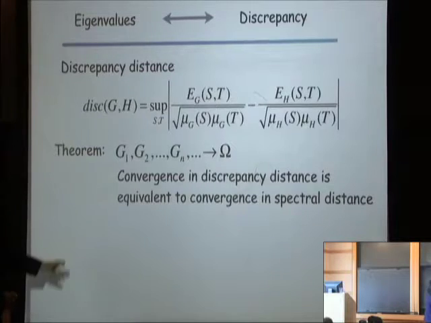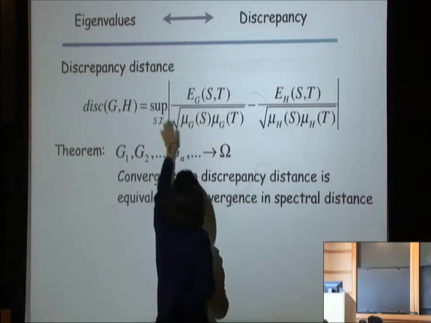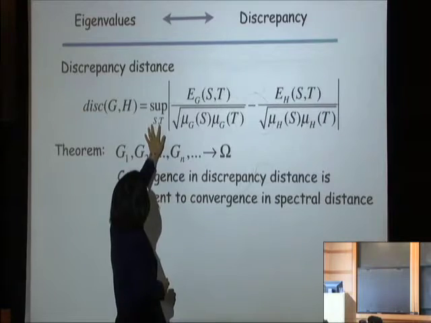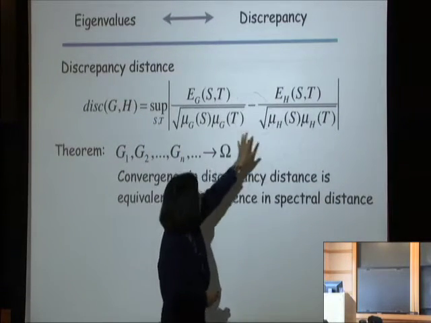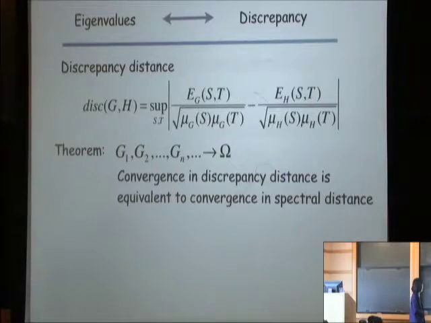So we are talking about the discrepancy distance between two graphs, whatever choice of S and T, you are comparing these two.